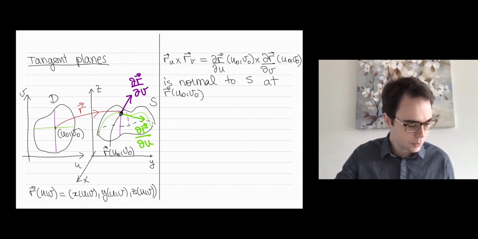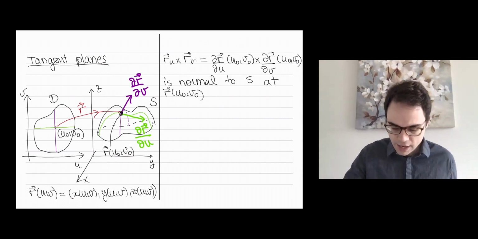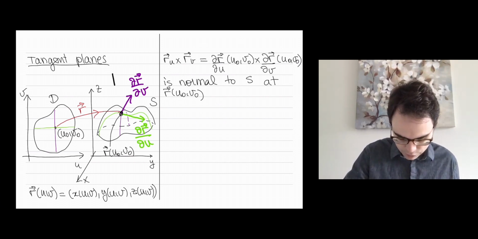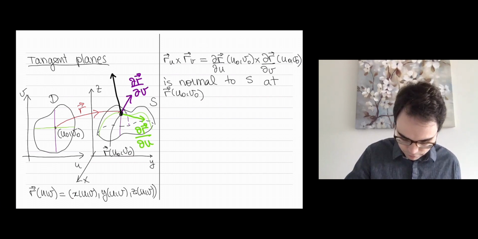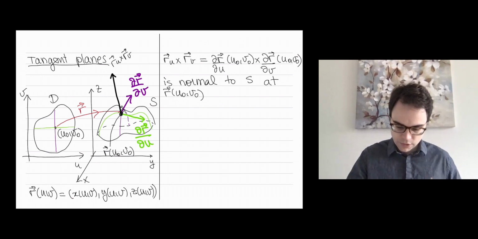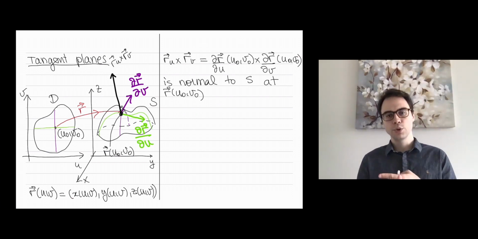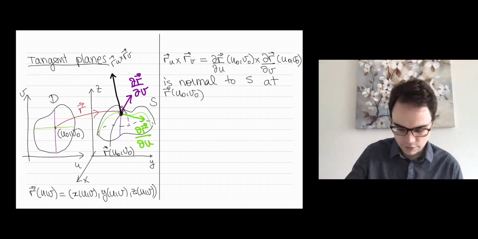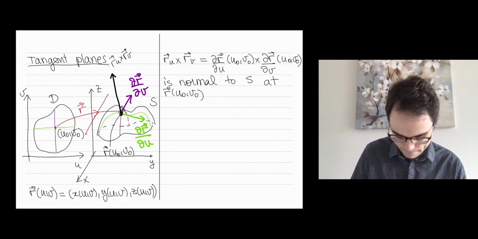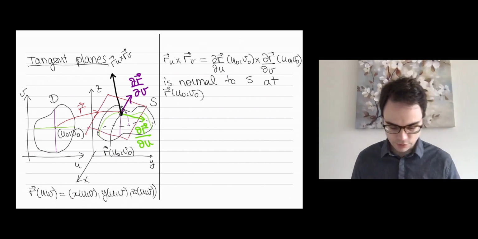And the reason is that the cross product is perpendicular to both of these vectors. So it's perpendicular to two independent vectors on the surface, and the surface is two-dimensional, so it's perpendicular to the whole tangent plane of the surface.